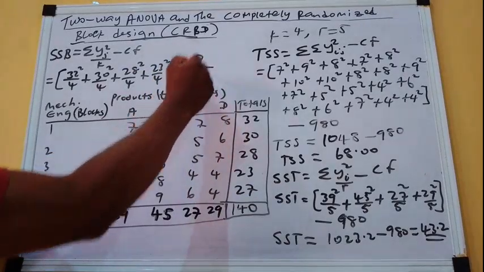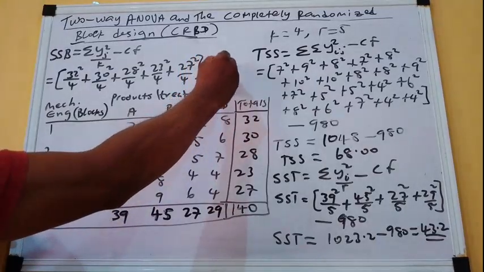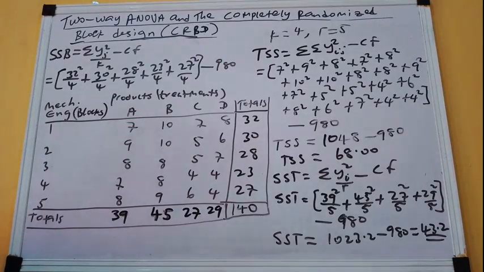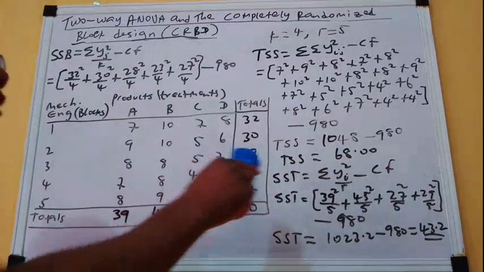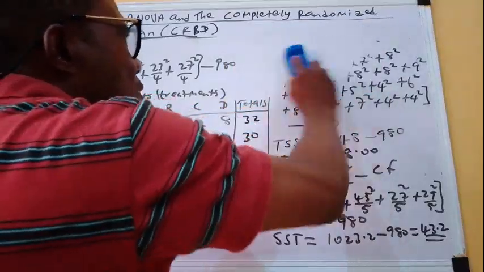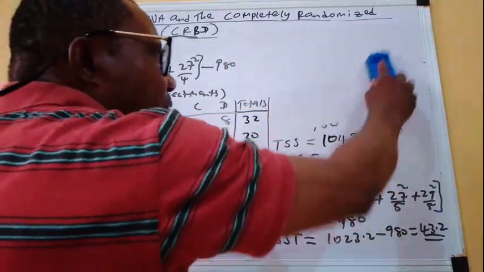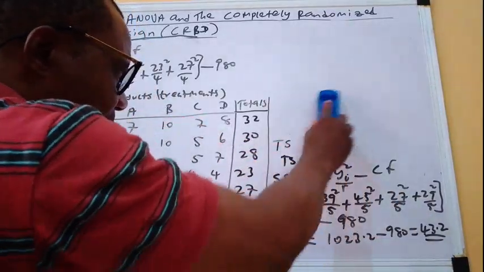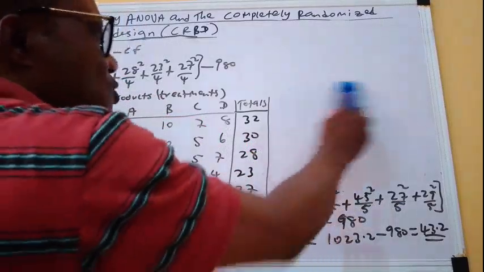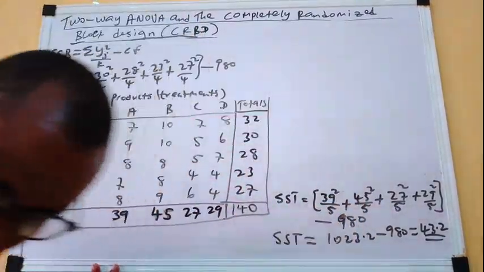You close the bracket minus 980. You see that? Minus 980. Permit me to clean this part also, so that we can have enough space to write. The sum of square for treatment is still there.